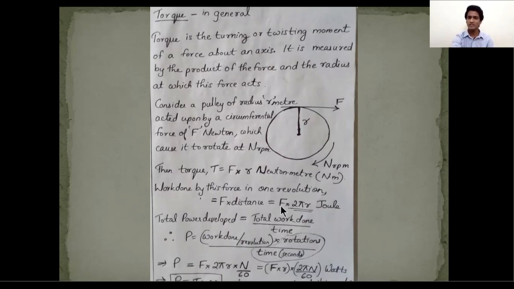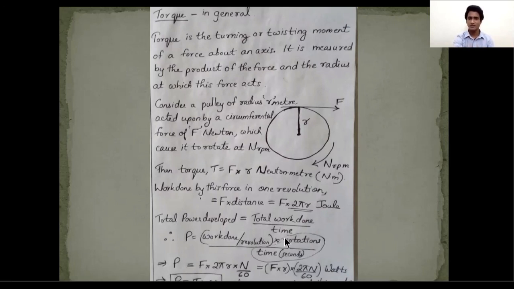Then what will be the total power developed by this pulley? Total power developed is equal to total work done divided by time. Work done per unit time is our power. So work done for the complete number of rotations is equal to work done per revolution into the total number of rotations, all divided by time.